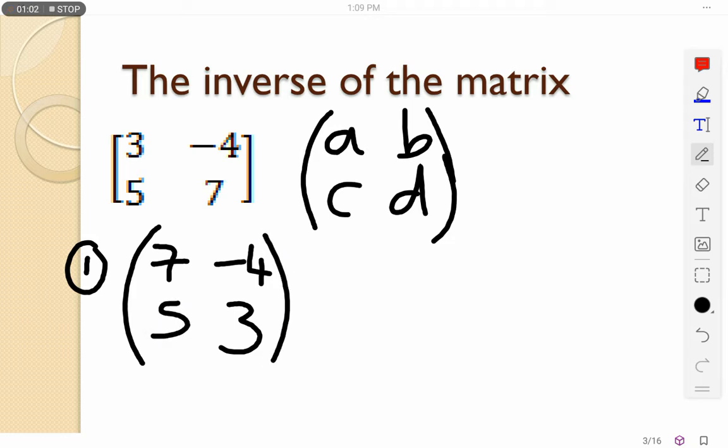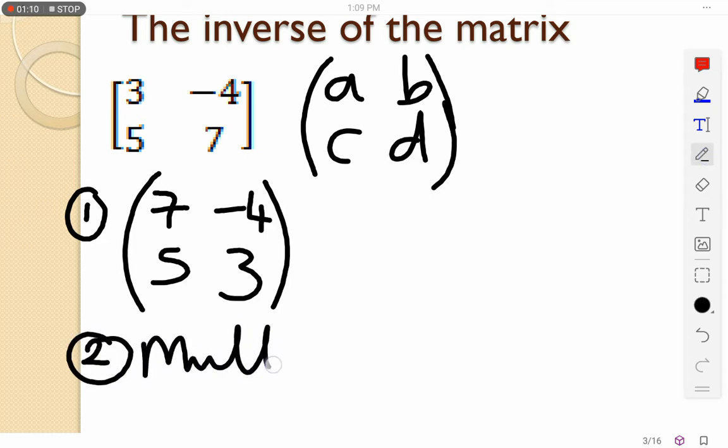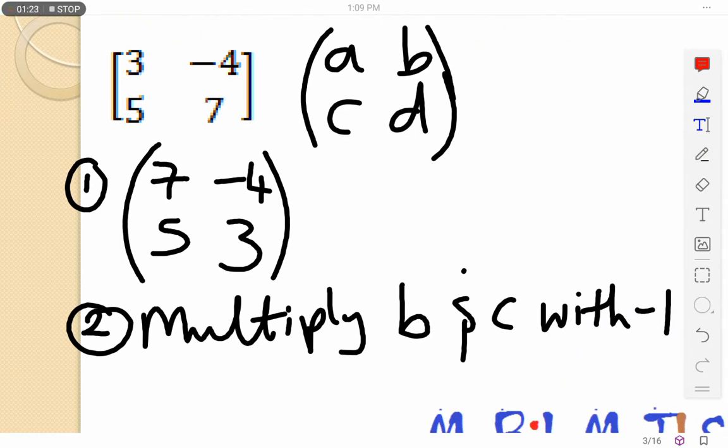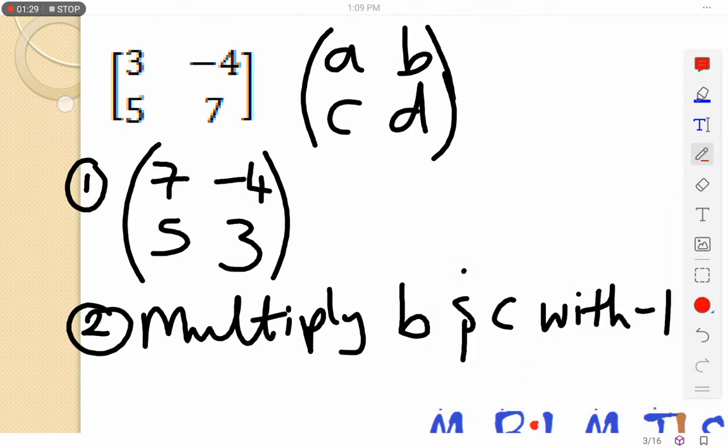Now we have interchanged. The second thing that we do, we said we multiply B and C with -1. Okay, so if we multiply B and C with -1, these are the numbers that you are multiplying by -1.